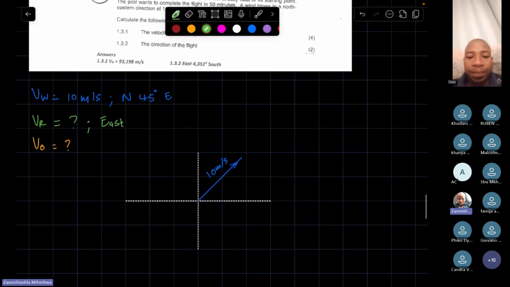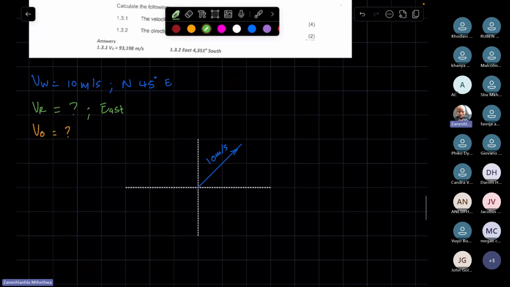And they said VR is directly east, meaning that whatever its magnitude, it is headed east. So this is the vector for VR. It is headed in that direction.